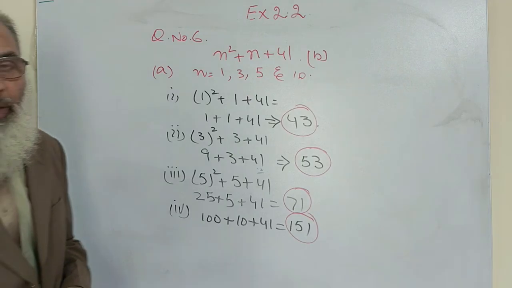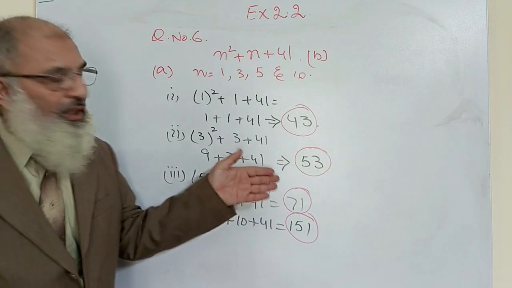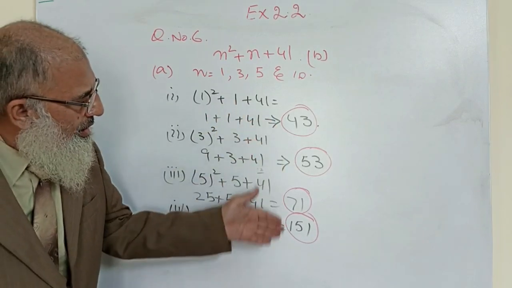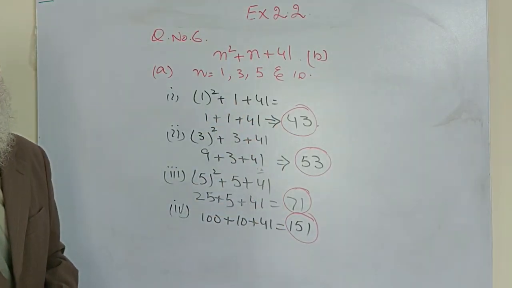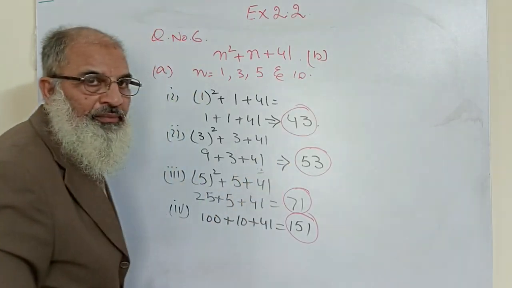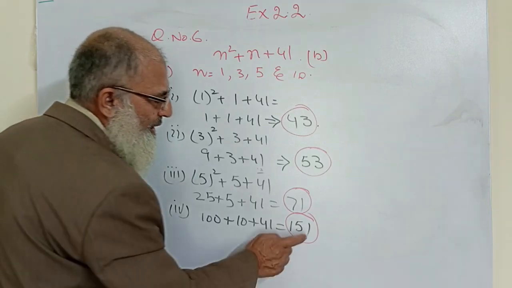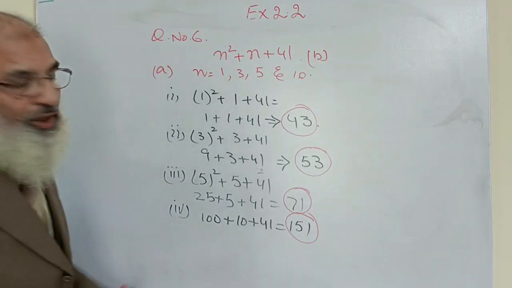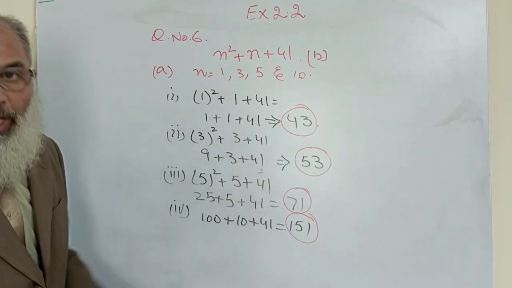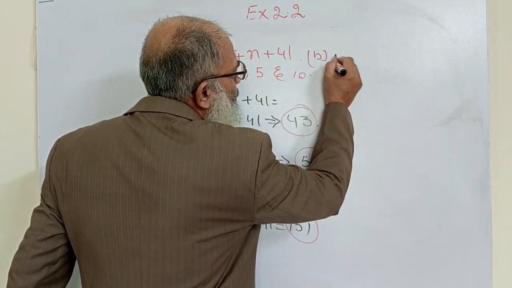Now tell me what is a very distinct thing which you can see in all these answers. This is a prime number, this is a prime number, this is a prime number, and this is a prime number. You see that all the four are prime numbers.